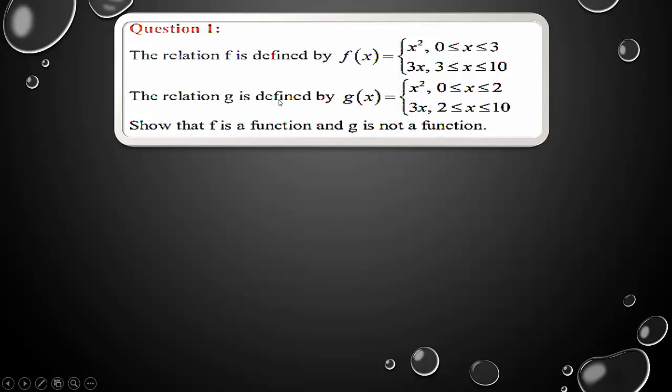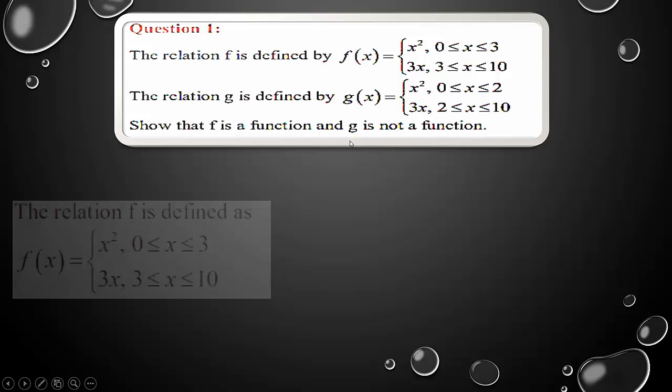The relation g is defined by g of x equal to x square whenever x is between 0 to 2, and 3x whenever x is between 2 and 10. We showed that f is a function and g is not a function.